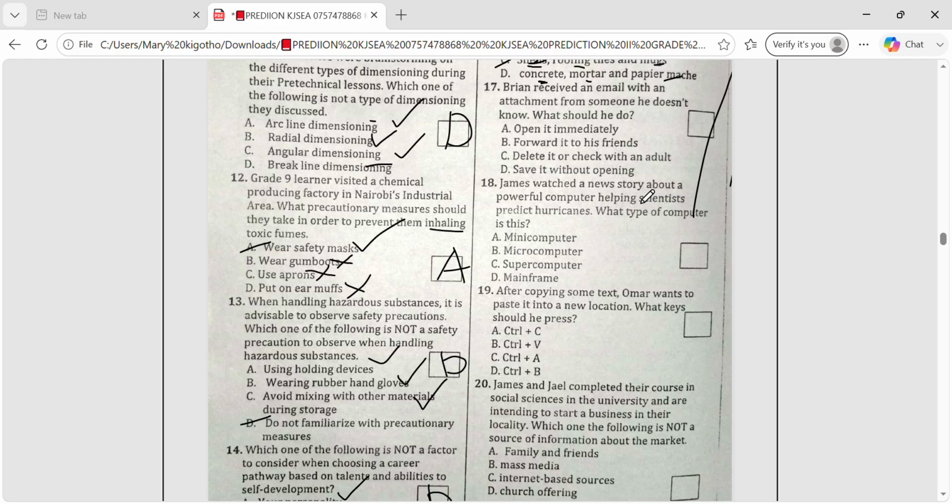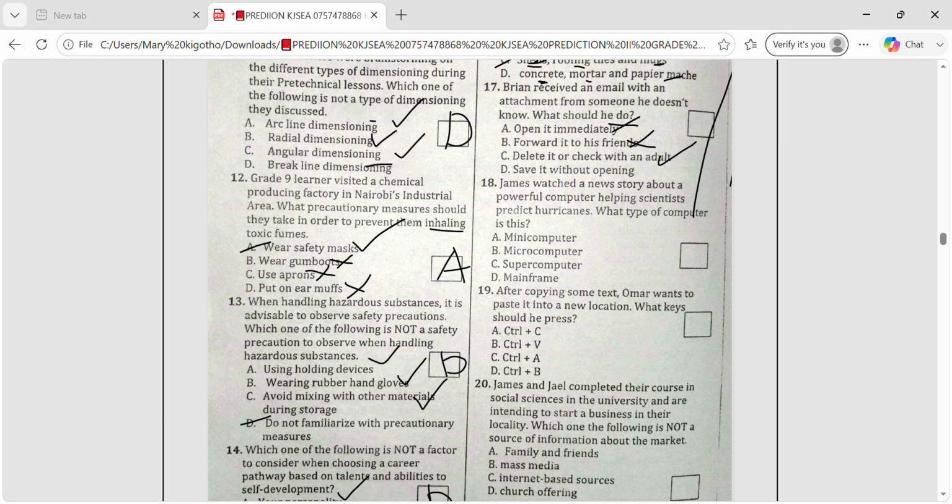So we have open immediately. That is risky and could contain some viruses, so you should not do that. Forward it to his friends, spread potential risk to others. That's risky. Delete it or check it with an adult. That's safe and a responsible action.